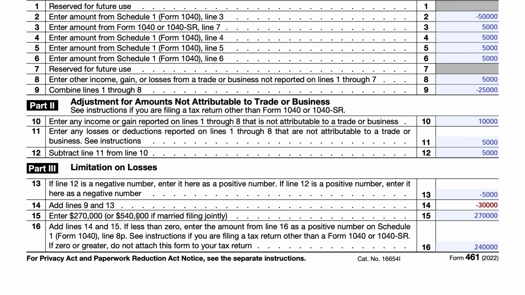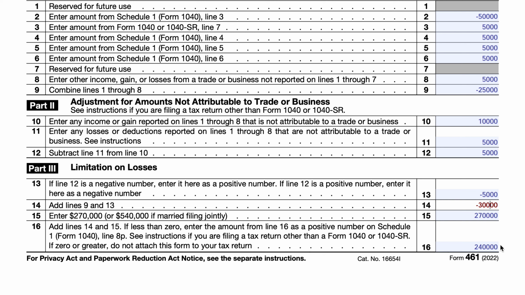And then for 2024, the amounts go to $305,000 and $610,000 respectively. So we're using this in the 2022 context. So we put the $270,000 here, and then we added those two together.